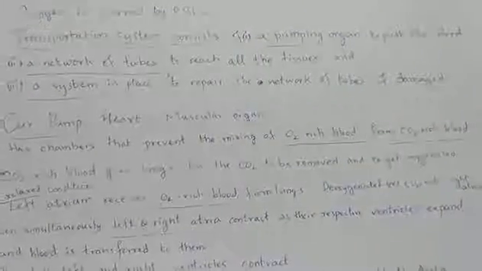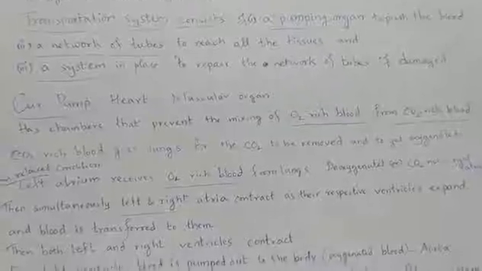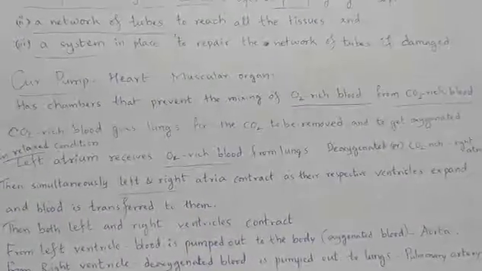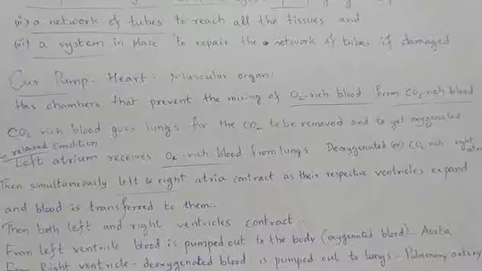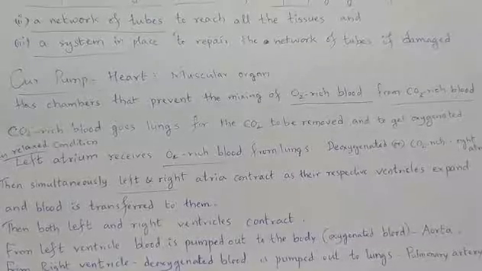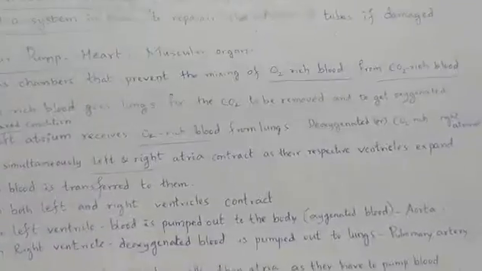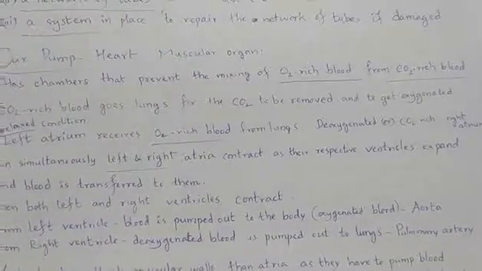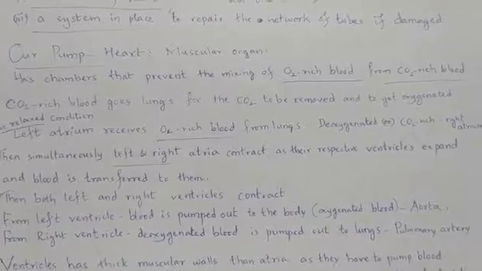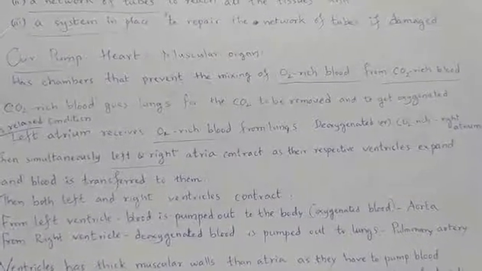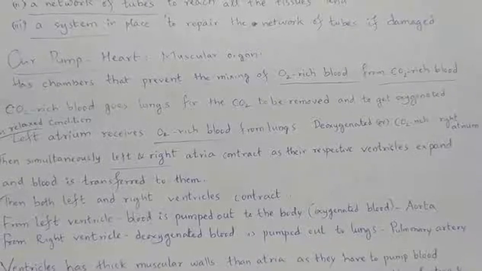A network of tubes is to carry the pumped out blood so as to make the blood reach all the tissues and organs. And a system is in place to repair the network of tubes if they get damaged.